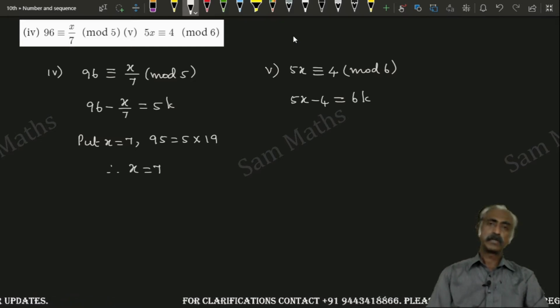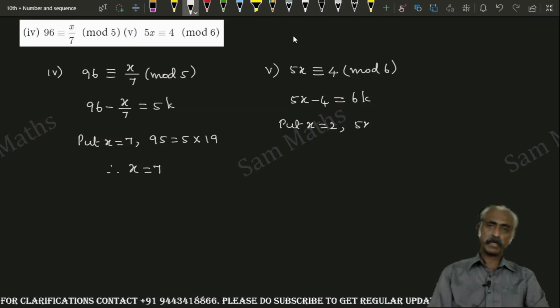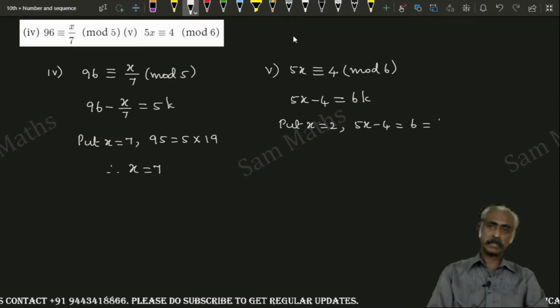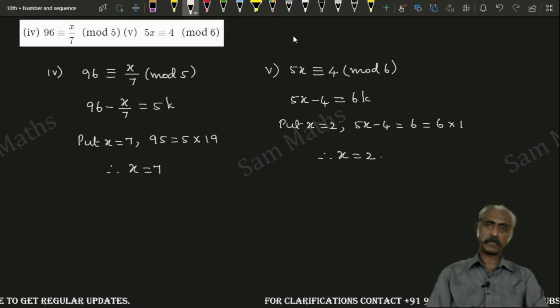Am I right? So you can put x equal to 2. When x equal to 2, we are getting 5x minus 4 is equal to 6, that is 6 is equal to 6 into 1. Therefore, the required answer is x equal to 2, the least positive integer which satisfies the given equation.